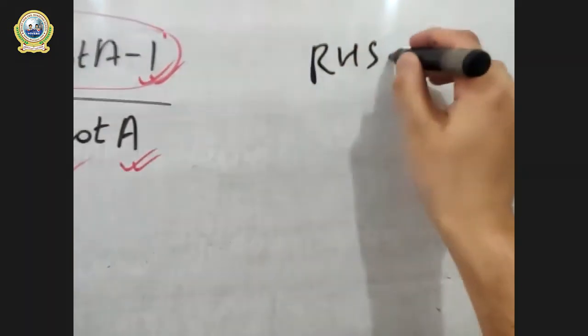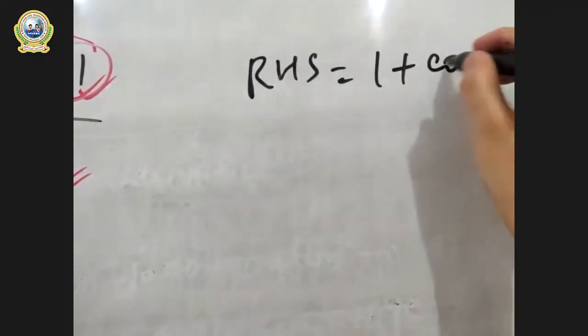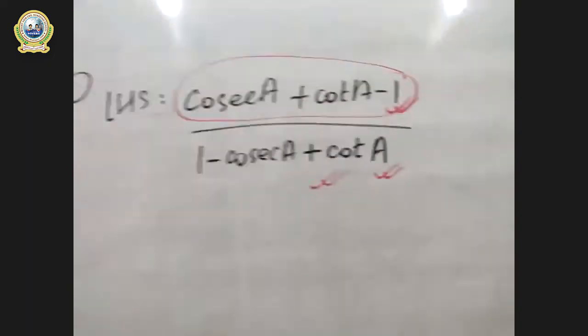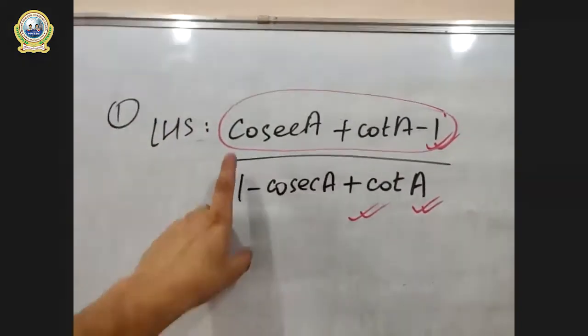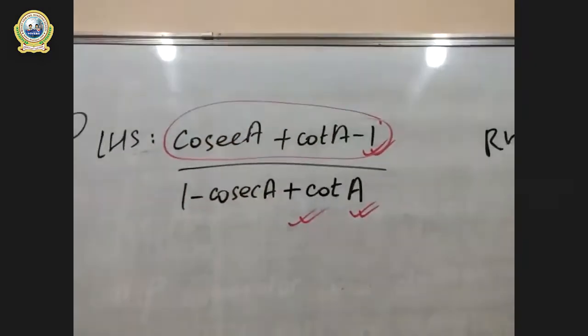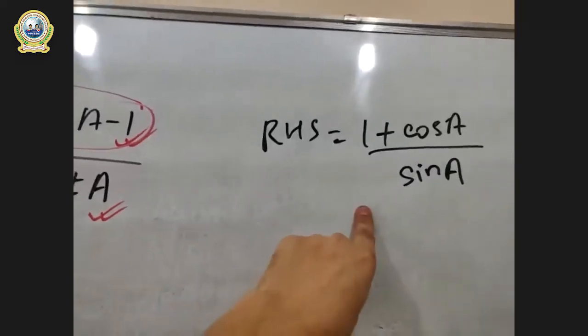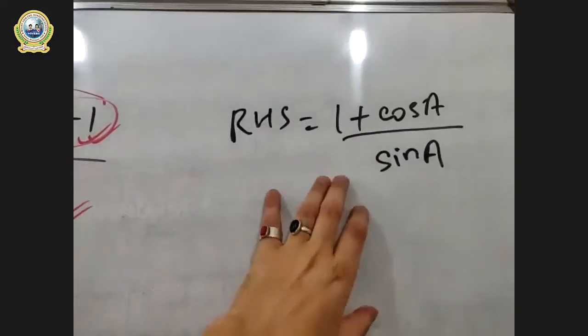Let's look at our RHS first. Our RHS is 1 plus cos A by sin A, right? The question is in terms of cosec and cot, but on the right side there is no cosec and cot. So first convert this into cosec cot.